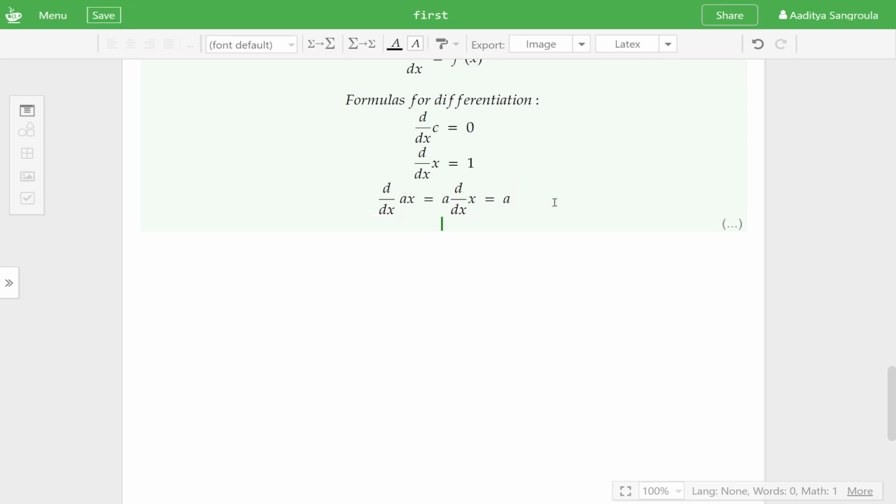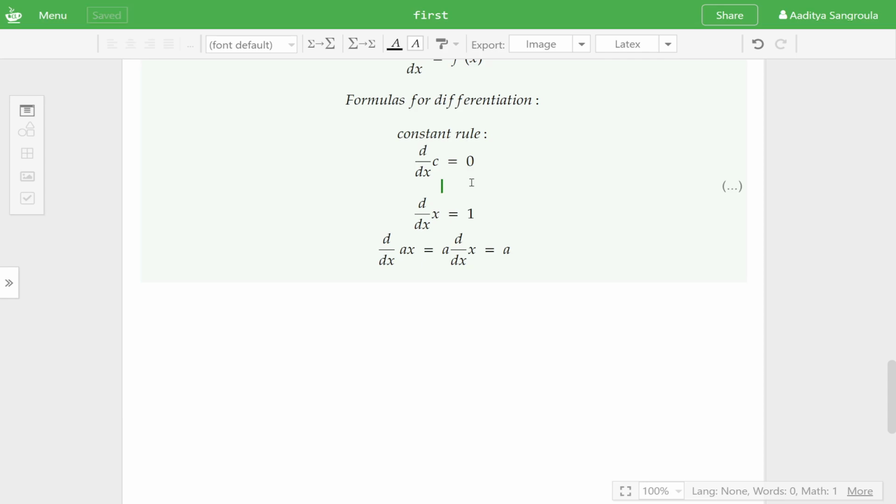Now next is the power rule. We can call these some rules: the constant rule, and I'm just giving names to these rules. People would not like me giving names to these rules, but it makes things a bit more organized, so I'm using the names.